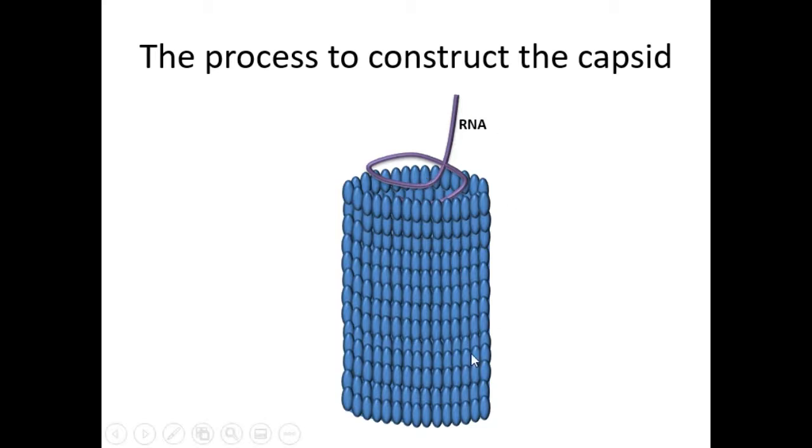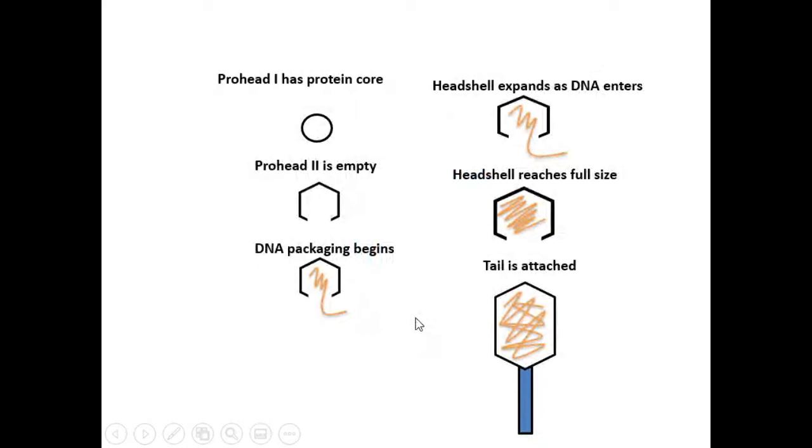A typical example is the helical virus, tobacco mosaic virus, TMV. The capsid of the TMV assembles on the genome, driven by protein-protein interaction between the capsomeres and protein-nucleic acid interaction with the genome, to package this RNA. That's self-assembly.